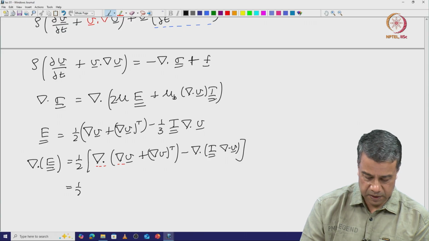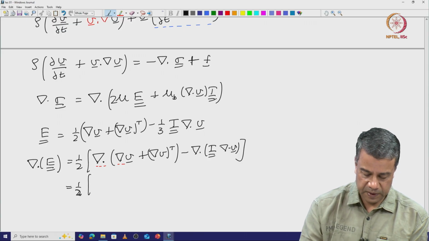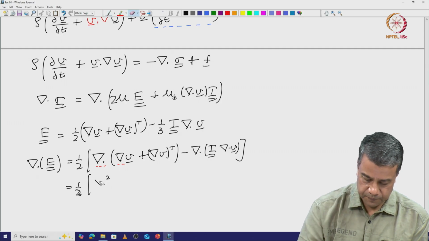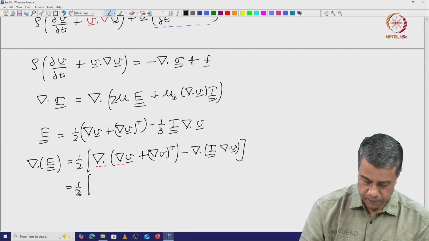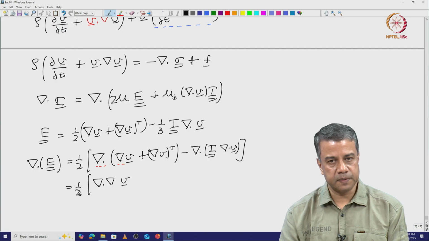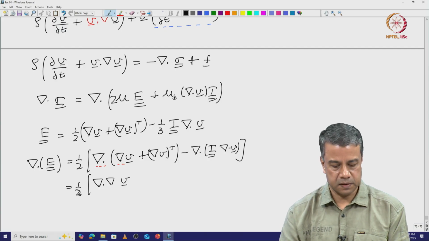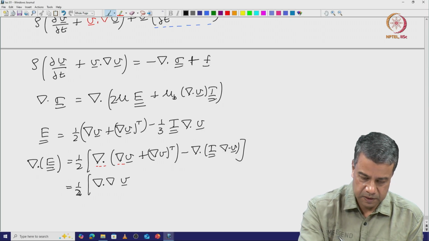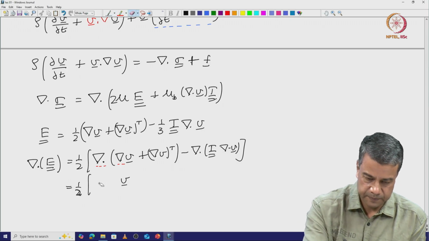So, this becomes half of del square, or del dot del, acting on V. The dot product is between the two gradient operators. So, this can effectively be written as the Laplacian.